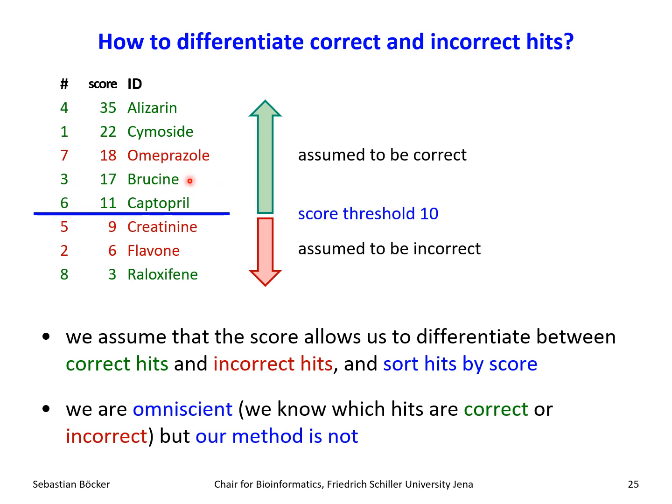Everything above score threshold 10 is assumed to be correct. Everything below score threshold 10 is assumed to be incorrect. Why would we do that if we already know which are correct or incorrect? Because our method doesn't know that. Our method simply assumes that by that it can somehow separate the correct ones and the incorrect ones. Okay? We know it, but not our method.